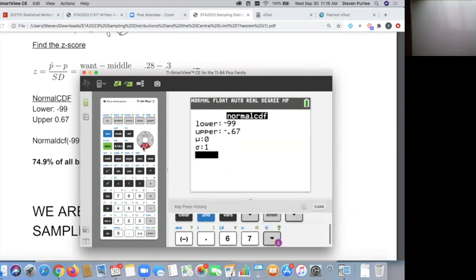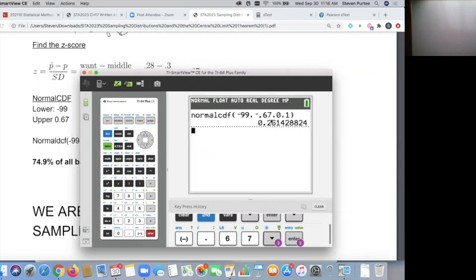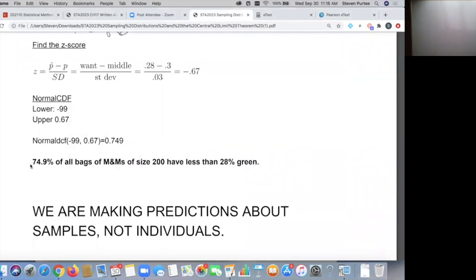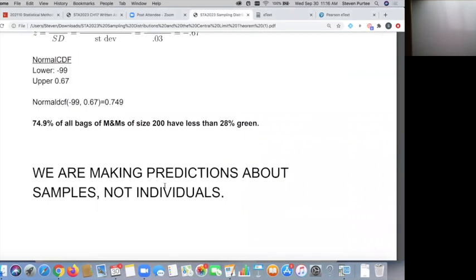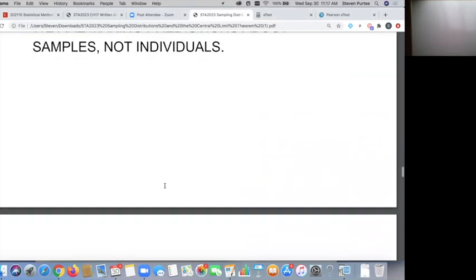Remember, never change mu or sigma there. 25%. So this should say 25% of all bags of M&Ms of size 200 are less than 28% green. Remember, we're making predictions about samples, not individuals.